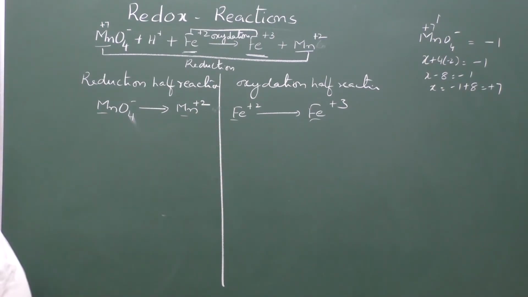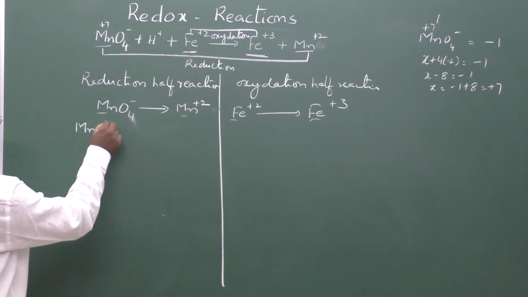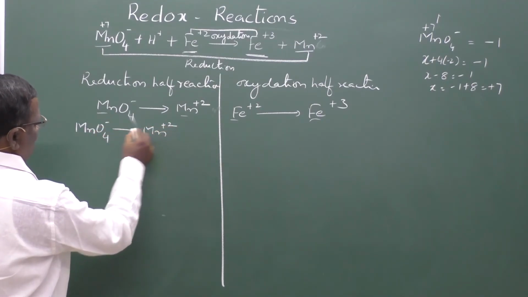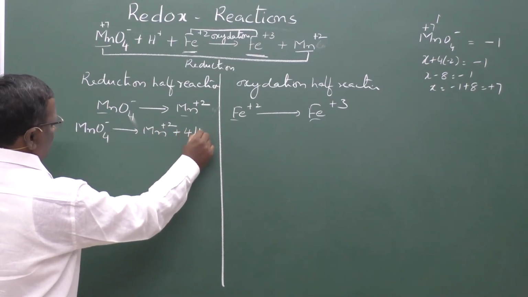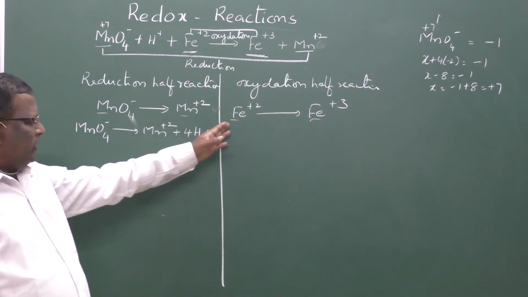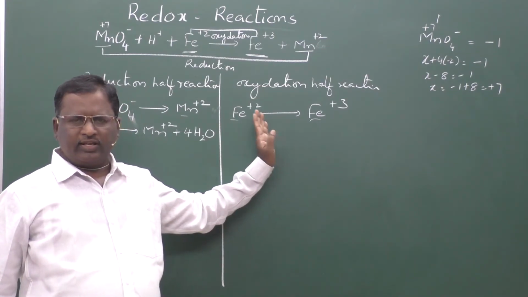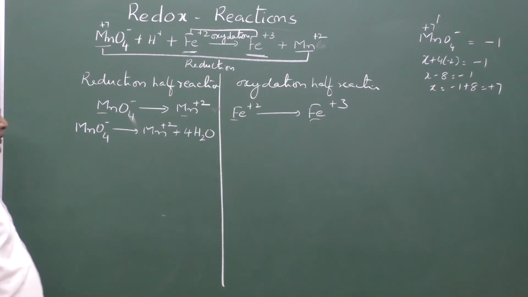For MnO4 minus gives Mn plus 2, how many oxygens are deficient? 4 oxygens. So you have to add 4 H2O. In this other half reaction there is no need of balancing, because already only Fe is there, 1 Fe plus 3. Now balancing of hydrogen.